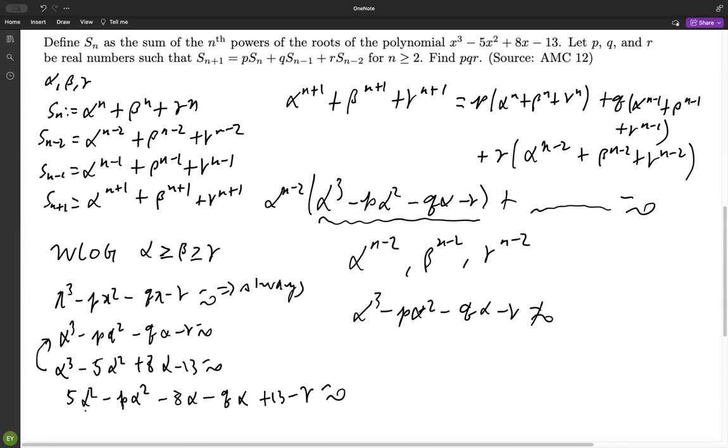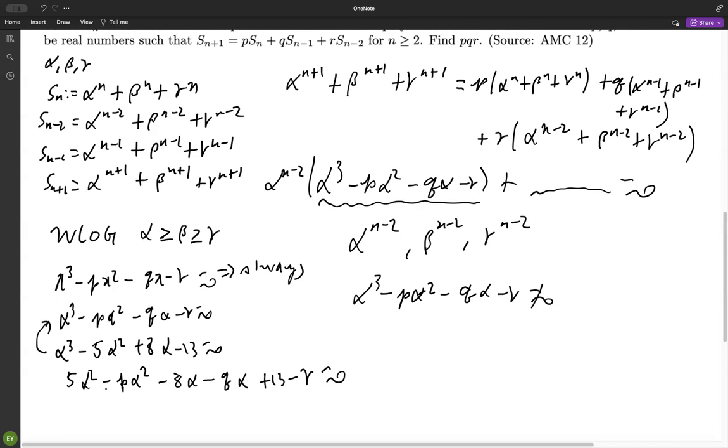So that means even though we replace every alpha with beta, it should be true, and with gamma, it should also be true. That means we need to think about another system that makes our left-hand side equal 0. And the only possible case that I think is true is when p is equal to 5, q is equal to -8, and r is equal to 13. Because, as I mentioned before, there might be a magical case where p is not equal to 5, q is not equal to -8, and r is not equal to 13, but our left-hand side is equal to 0.